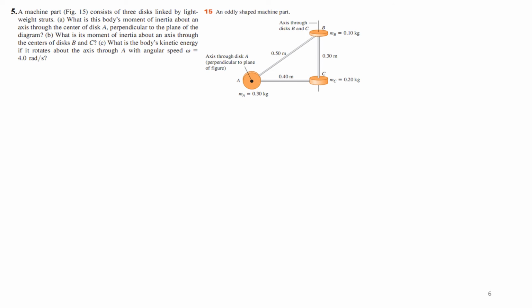It is given that there is an axis of rotation through disc A and another axis of rotation which passes through the centers of disc B and C. This means that this machine part can rotate about point A. At the same time, this machine can rotate about this axis passing through B and C. If it rotates here, it may rotate either in clockwise direction or in counterclockwise direction.